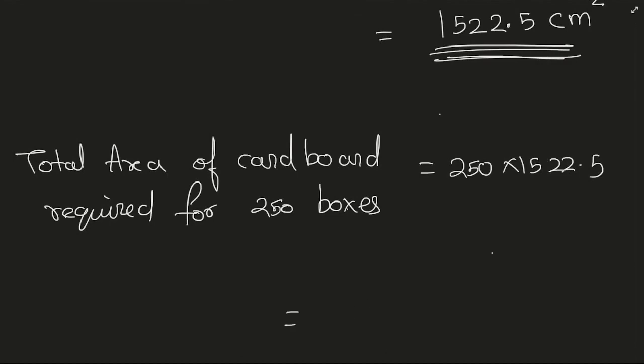Sir, it is given that rate is 4 rupees per 100 centimeters. Yeah, fine. We'll be doing that. First, we'll calculate the total area of cardboard required. We have to make 250 boxes of box 1 type. Right? So if you multiply these two, what you get is 380625.